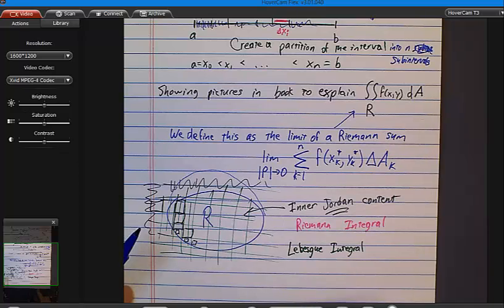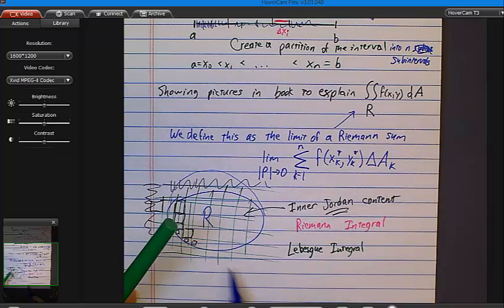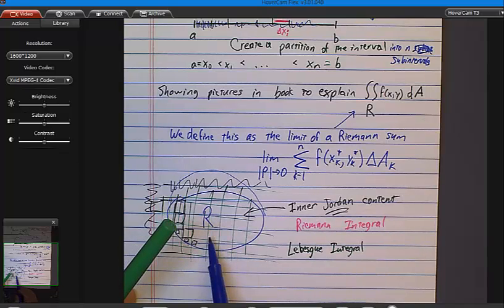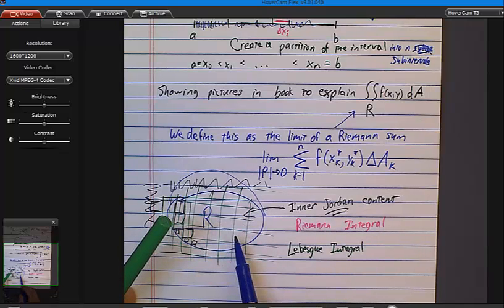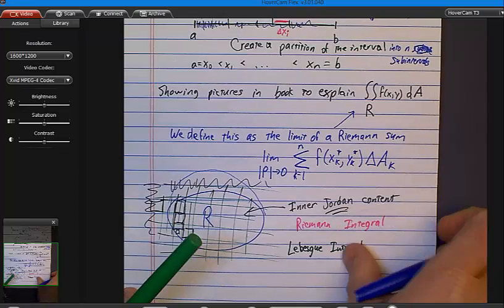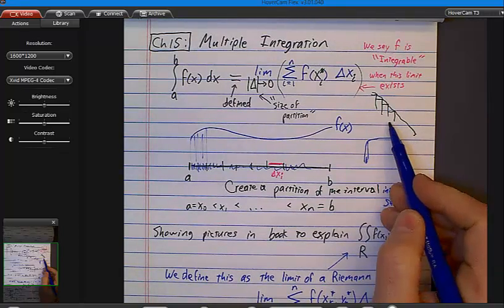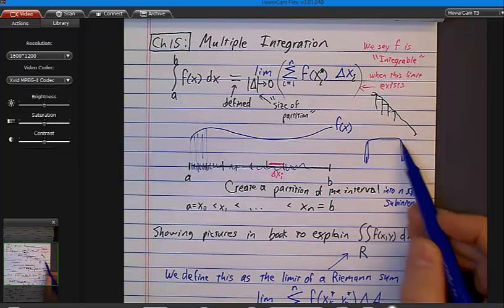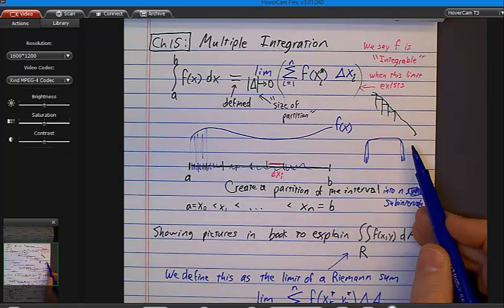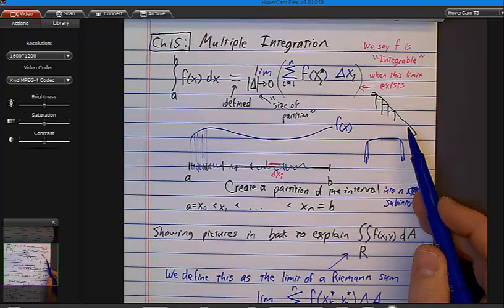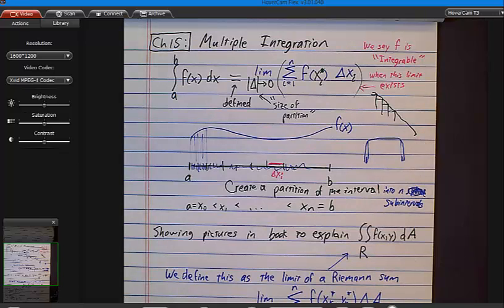See, in the Riemann integral, remember I said I don't care how you pick the point, it's going to converge. Matter of fact, back to Calc 1 for a second. This picture here. Why did we pick the right endpoint? Because we wanted an underestimate. If you pick the left endpoint, you get an overestimate. But we said that if it's integrable, that means both of these limits converge to the exact value.